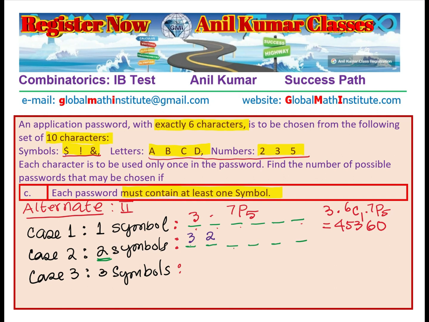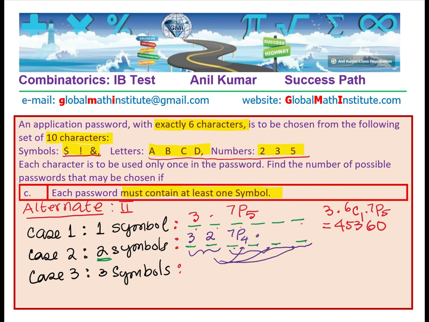Now here we are left with one, two, three, four positions. In these four positions, we can choose from the remaining seven, right? So 7P4, right? Plus, you also understand that these two symbols could be anywhere, right? They could be anywhere amongst this, not necessary that they are first and second, right? You get the idea.